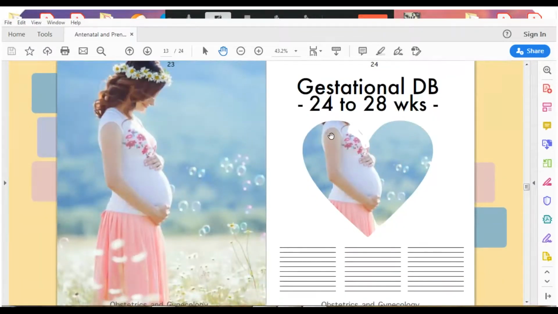Gestational diabetes is something very important that we should be checking. We usually check it between the 24th and 28th week. We do it by giving the mom a 50-gram glucose test. If her blood glucose is more than 140, we still don't diagnose gestational diabetes. We do a confirmation test: we call her the next day fasting, then take her blood test while she's fasting.